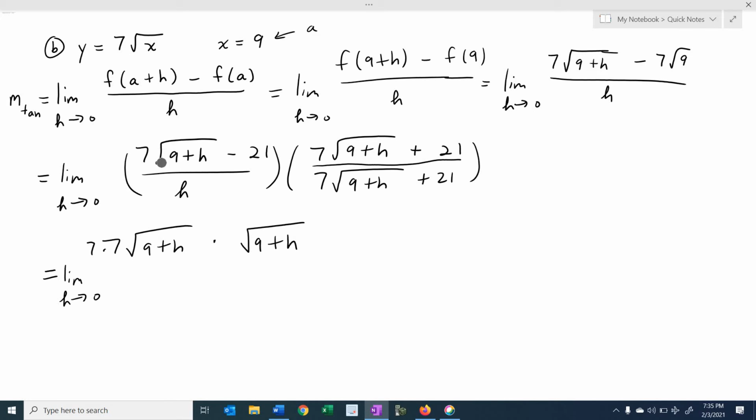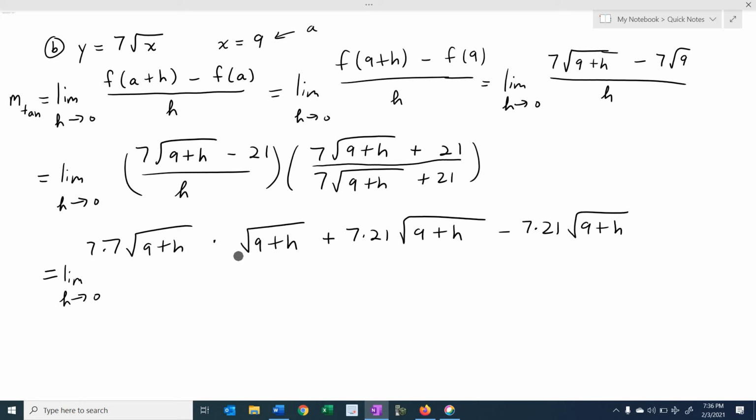And then the outer will be this one times this one. Again, I'm going to change the order. I'm going to put the 21 and the 7 together, and then the square root in the back. Again, the order doesn't matter here when you multiply. Then notice here you get negative 21 times 7, or 7 times 21, again, the order doesn't matter, times that same square root.